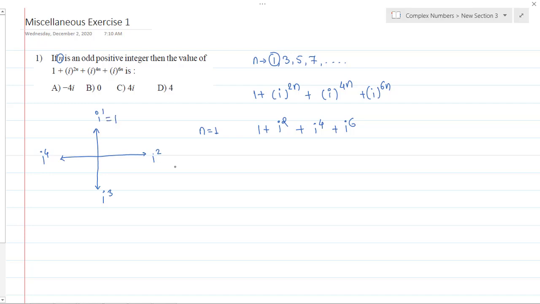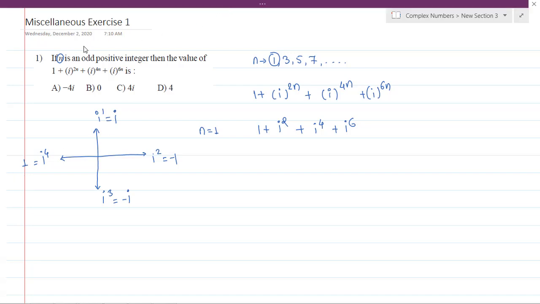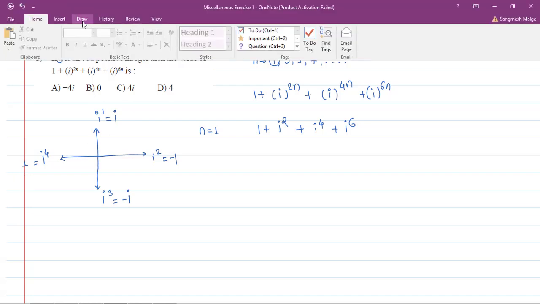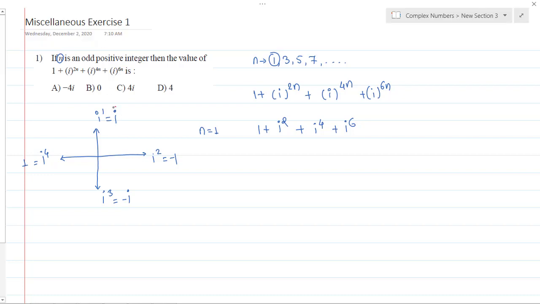So it is i, minus 1, minus i, and plus 1. In this way we can remember: i, minus 1, minus i, plus 1.